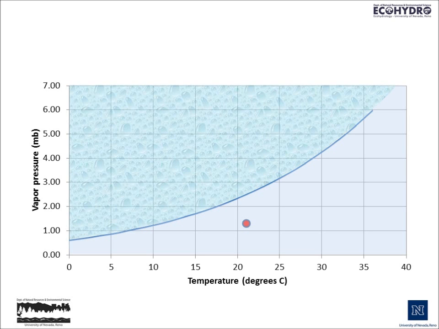On this side of the curve, the air mass is saturated. So in order for condensation to occur, the air mass has to be cooled from 21.1 degrees to, as we said, about 11 degrees centigrade to reach the outer envelope of the zone in which the air mass is saturated.